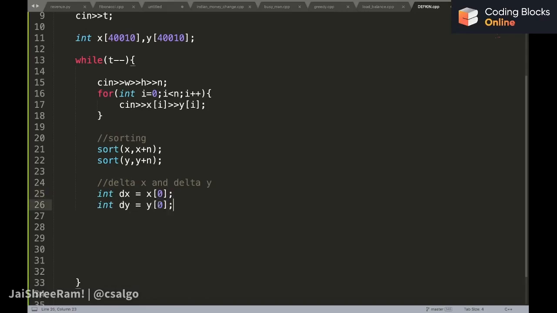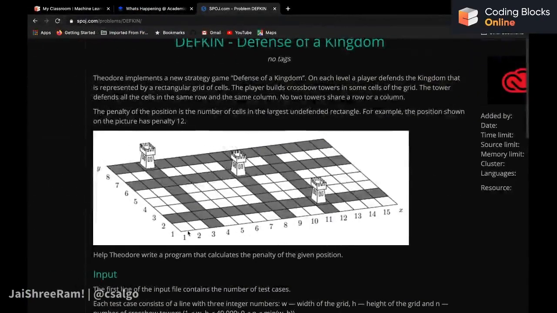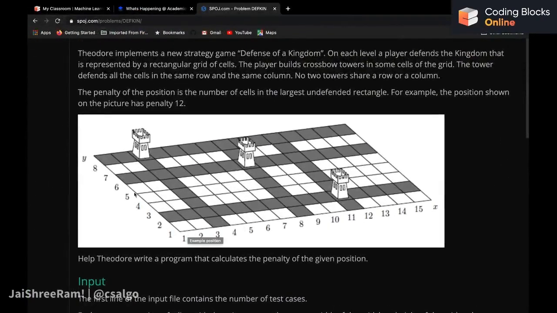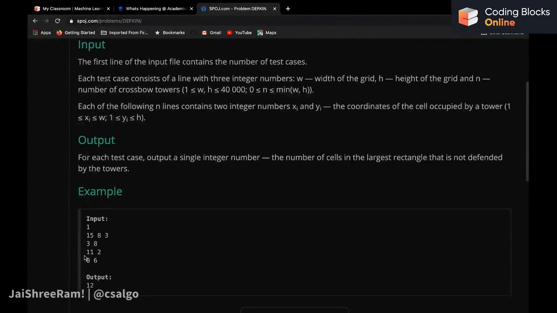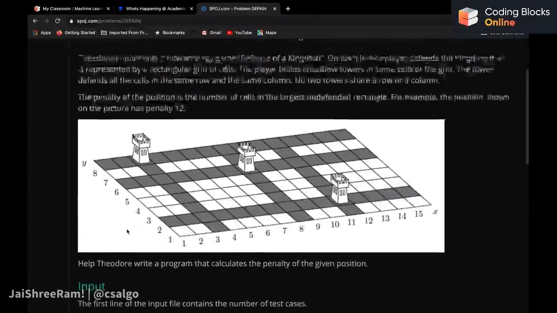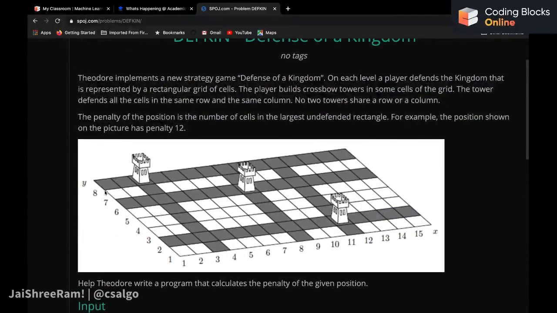Okay, so if you see carefully here, let's say after sorting, the initial x coordinate is 3 and y coordinate is 2, so this dx should be equal to x of 0 minus 1.